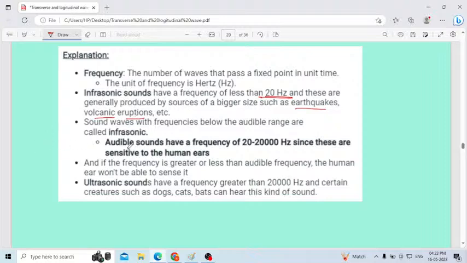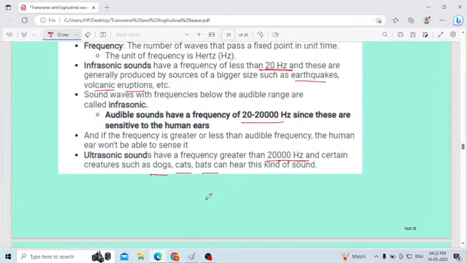Then human audible frequency is 20 to 20,000 hertz. Then ultrasound has a frequency greater than 20,000 hertz, such as dogs, cats, bats can hear this kind of sound. Remember, infrasonic is less than 20 hertz, audible frequency is 20 to 20,000 hertz, ultrasonic or ultrasound is greater than 20,000 hertz. That one you have to remember.